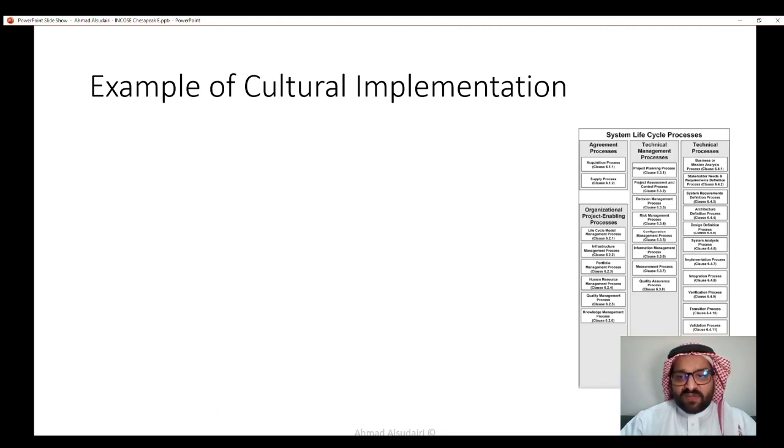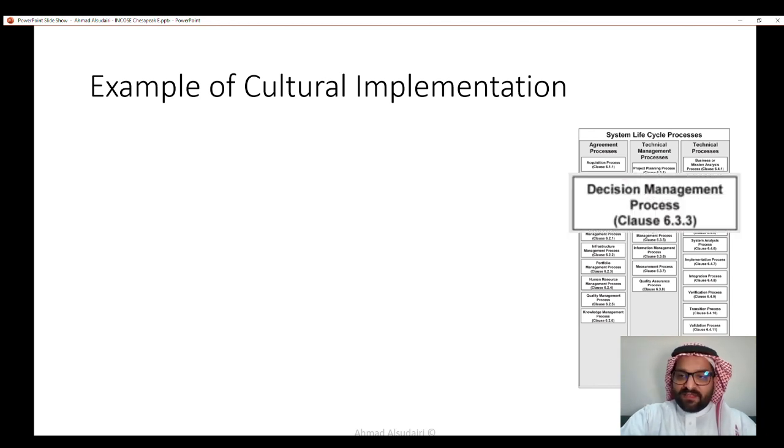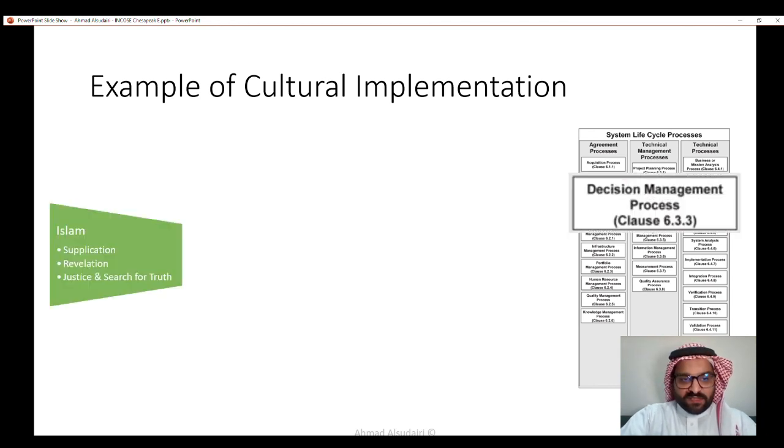So one example of cultural implementation of Islamic ideas could be done in all systems engineering processes. Taking one as an example, like the decision management process, in Islam there is a lot of guidance toward this process specifically.